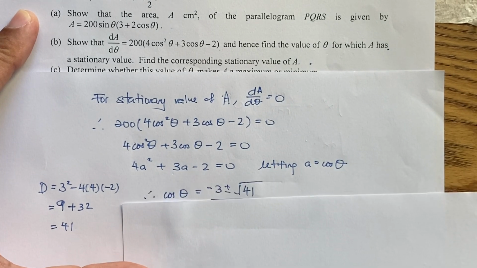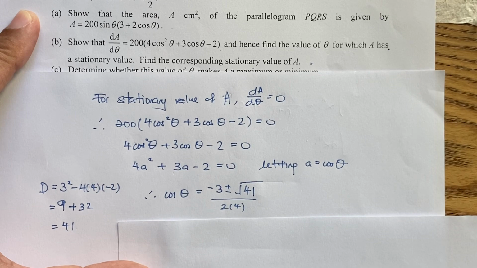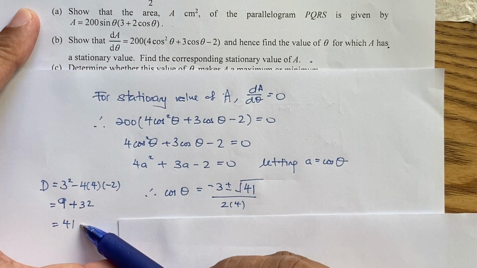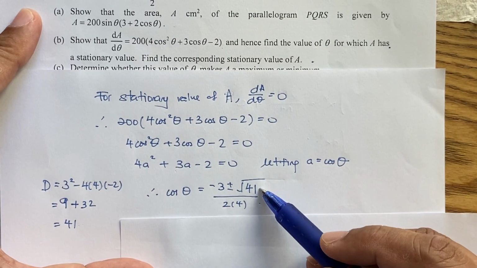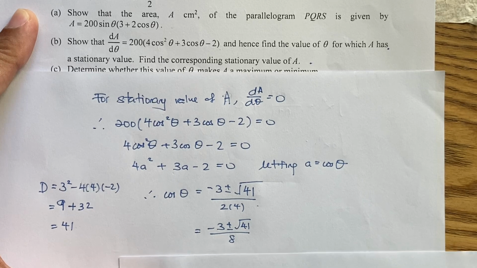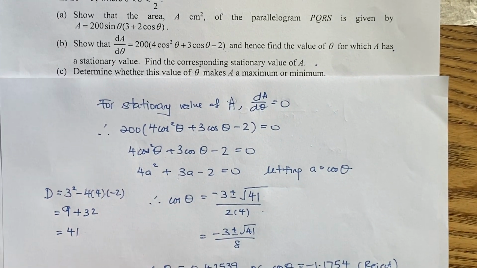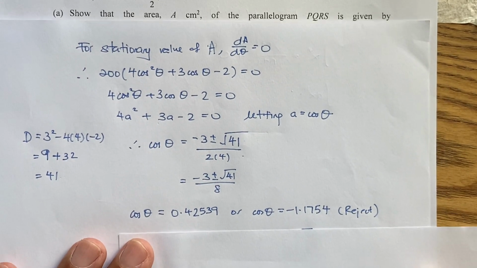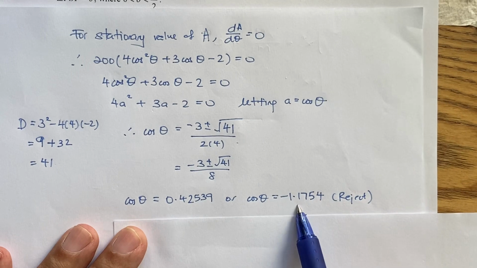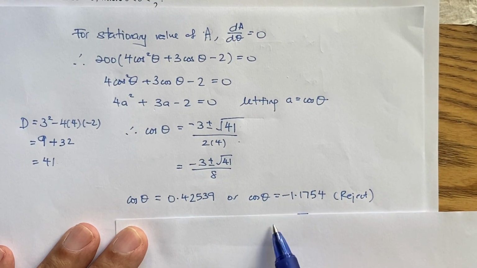So I find cosine theta using this formula, minus b plus minus the square root of the discriminant over 2a. Since we already found the discriminant to be 41, we just insert here. And we got two values of cosine theta. Now this second value here must be rejected because cosine theta is outside the range of -1 to 1.